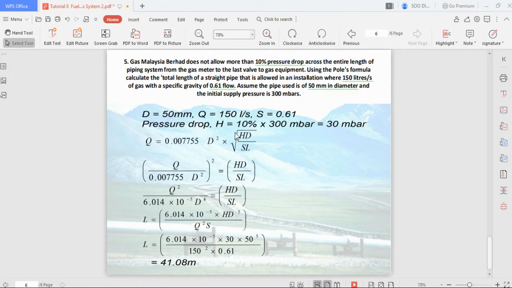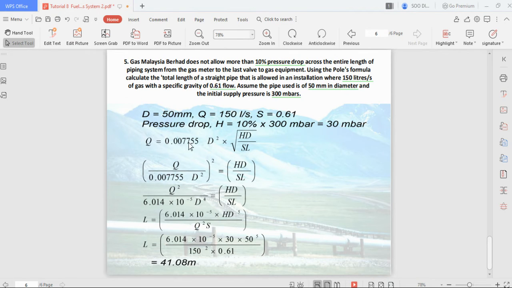0.61. So your pressure drop is not more than 10% of the 300 bars, which is this. So 30. So you have to put all the values into here, and then you have to solve it for the length.